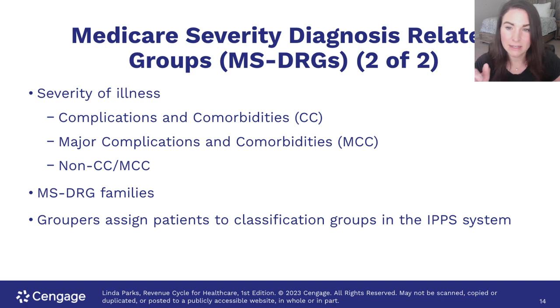Okay, so CCs can increase the severity level. MS-DRG families are groups of MS-DRGs that have the same base set of principal diagnoses, with or without operating room procedures, but they're divided into levels to represent the severity of the illness.